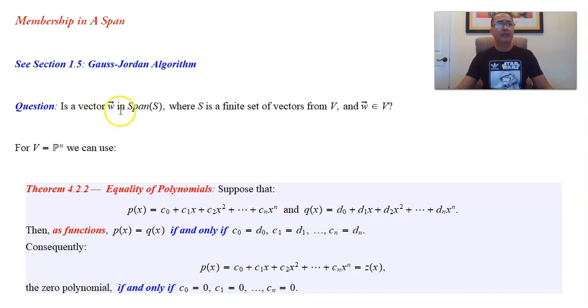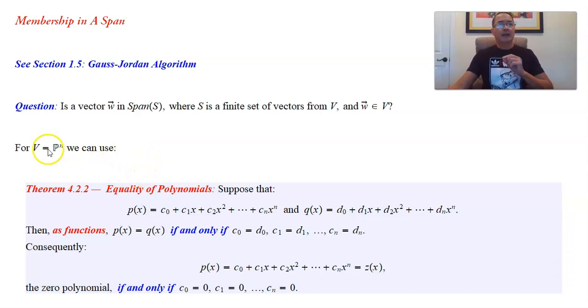Is a vector W in the span of S, where S is a finite set of vectors from V, and W is another vector from V? So our playground is V, and we have a set of vectors in V. We look at their span, all possible linear combinations, and we ask, is another random vector in V, that would be W, part of this span, a member of this span?